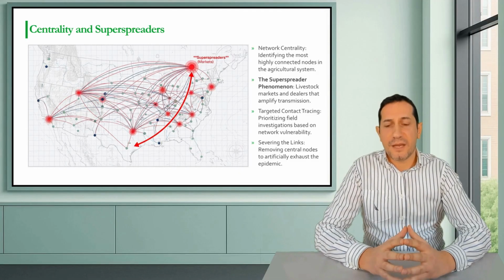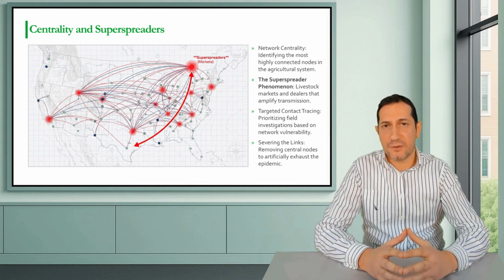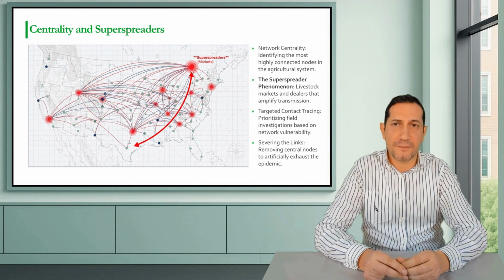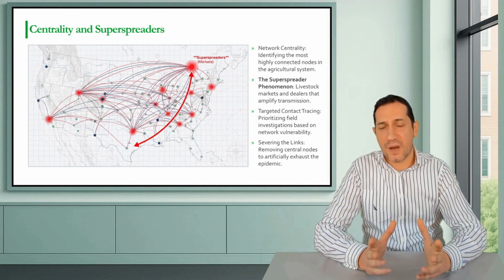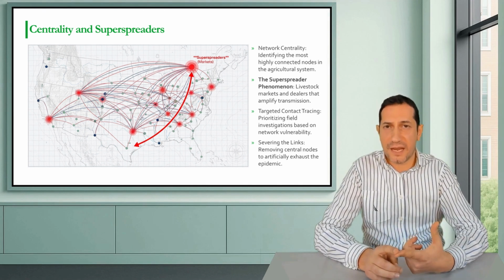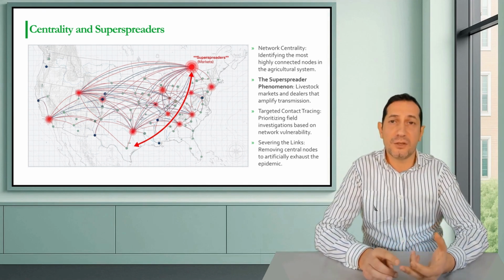This allows veterinary services to prioritize surveillance, tracing, and temporary movement controls at key hubs. Reducing movements through highly connected nodes lowers contact rates across the network and helps bring transmission under control.